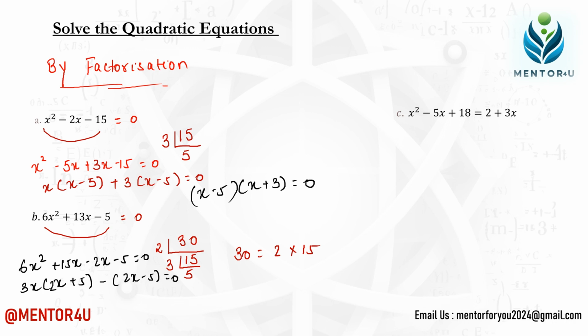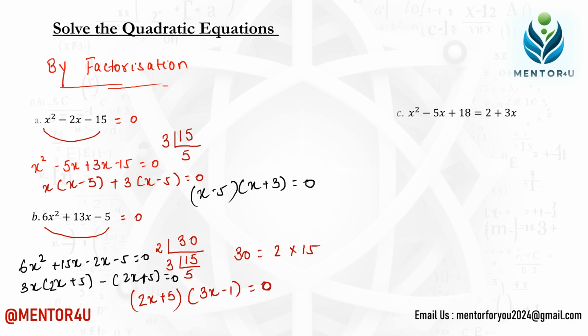Sorry, 2x plus 5, not minus 5. So now again we can take that 2x plus 5 common. That will be 2x plus 5 multiplied with 3x minus 1, that is equal to 0. Those are the factors of the quadratic equation.